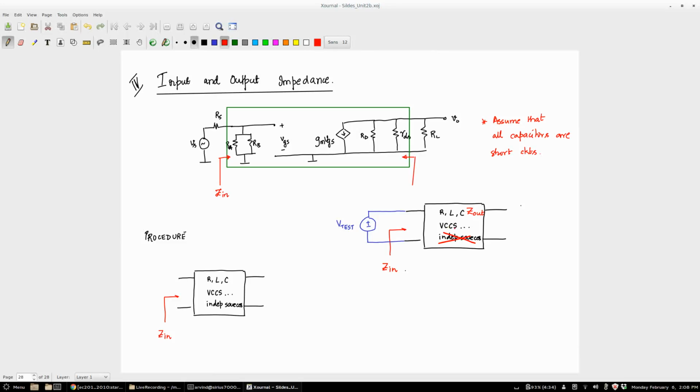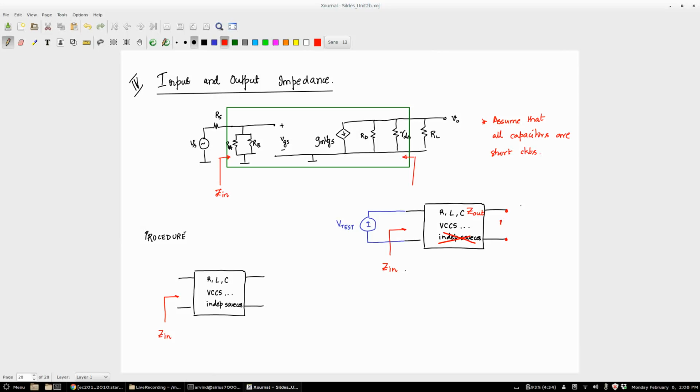And what should I do to things inside here? I should kill what? All my independent sources should go. What about voltage controlled sources? They will remain, and basically the values they take will now become functions of V test.